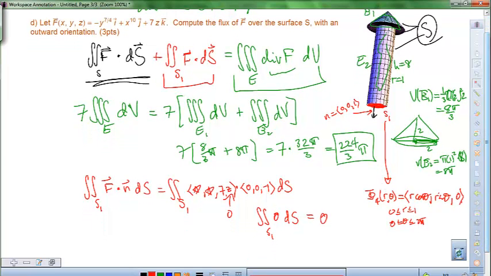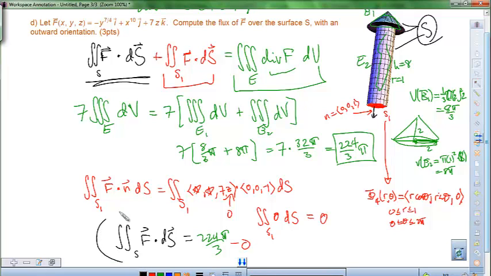So back to our equation, the flux that you're actually looking for of the vector field is going to be 224 pi over 3, and we would have subtracted this flux integral over here, but it was just 0, so let's just call it 224 pi over 3.